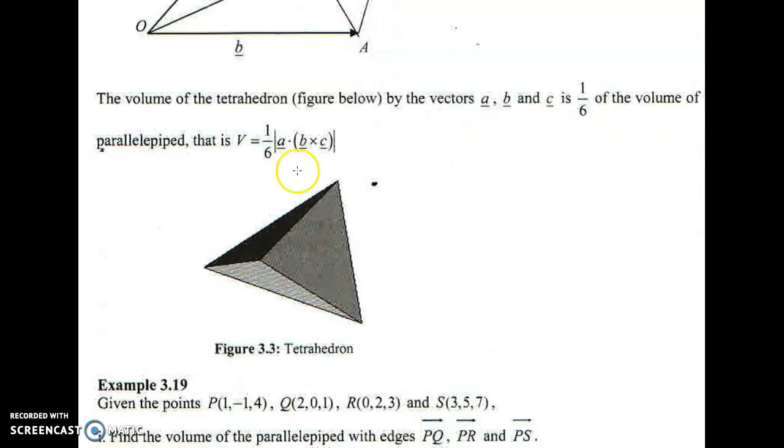Okay, and next we have the tetrahedron, which is a shape like a pyramid. Here is a tetrahedron. The difference is that it doesn't have 4 edges on the base. Each face has 3 edges: 1, 2, 3.